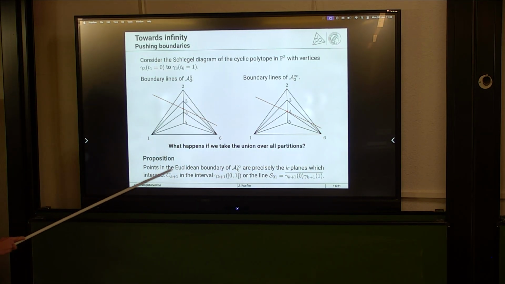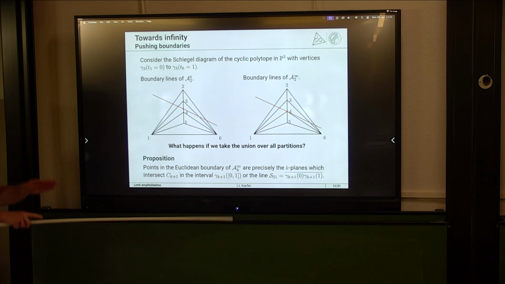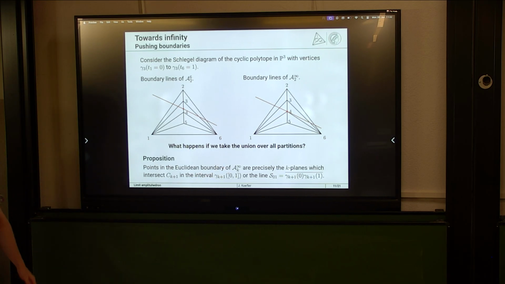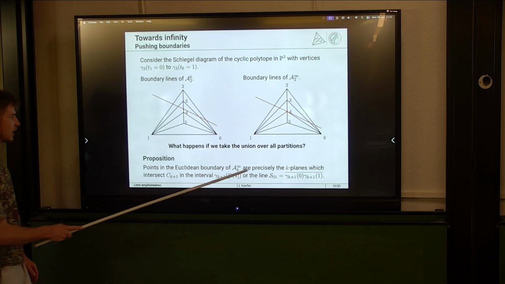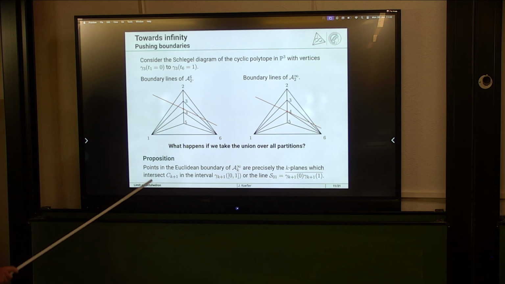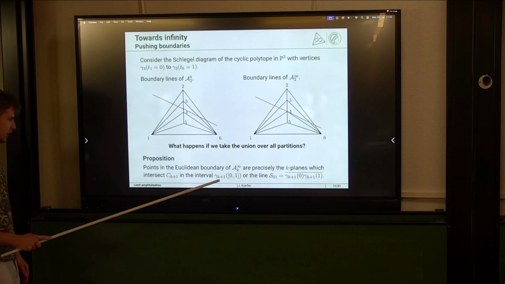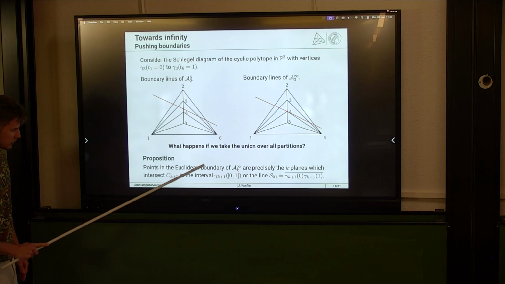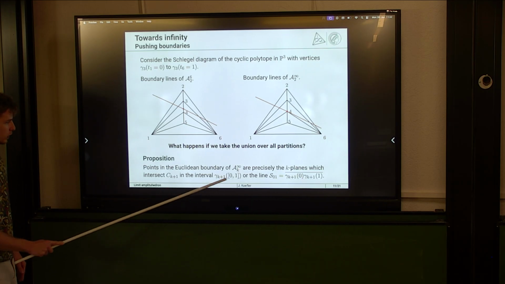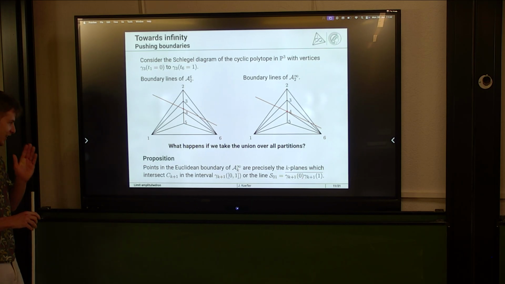Points in the Euclidean boundary, that's really the bounded region of our semi-algebraic set, are precisely the k-planes which intersect the rational normal curve C_{k+1} in the interval parameterized by our choice of the interval of the rational normal curve of degree k plus 1.